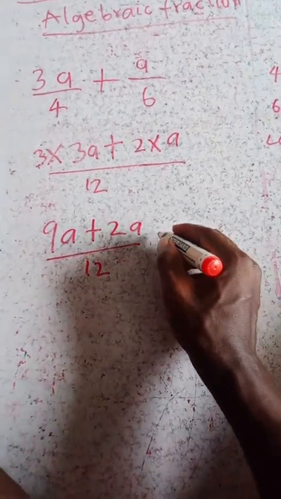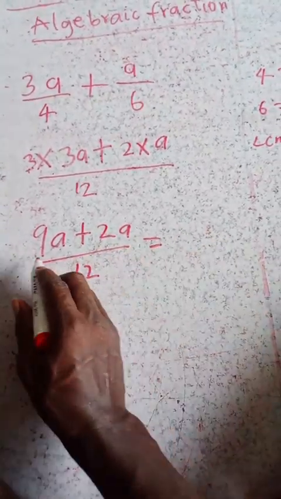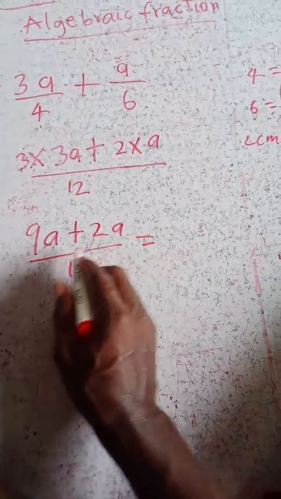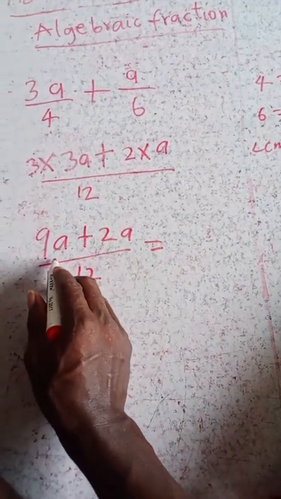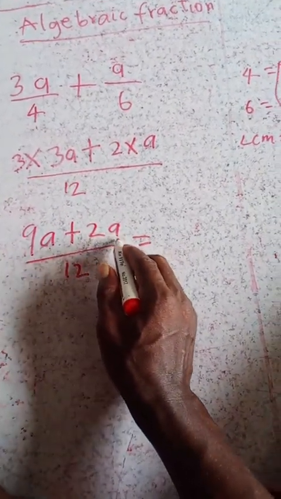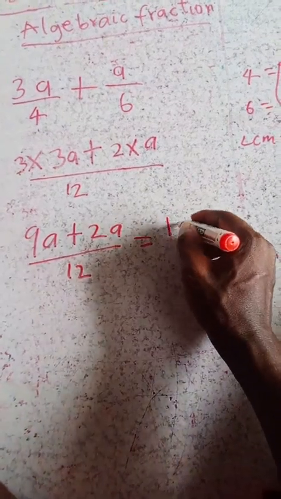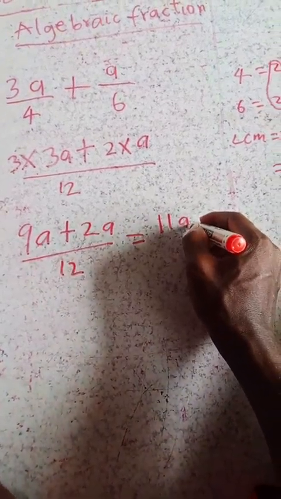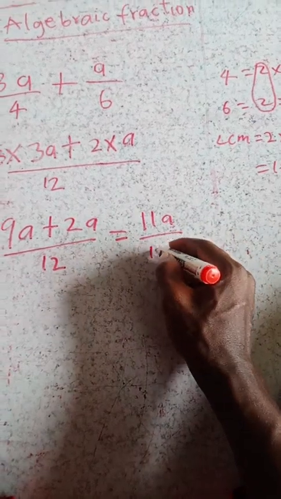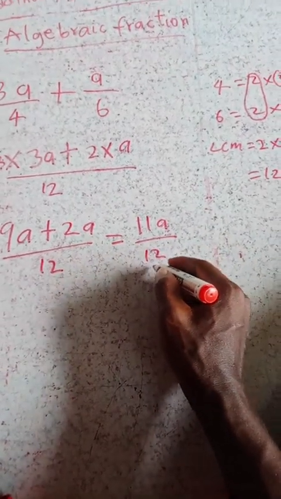At this point the alphabets are the same: this one contains a, this one contains a. So 9a plus 2a is 11a, all over 12. This is the answer.